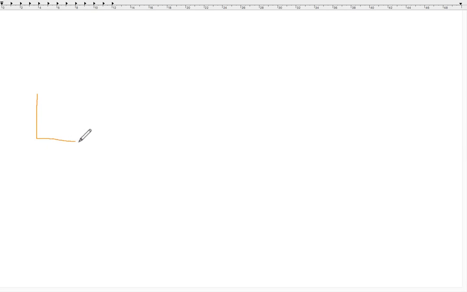Suppose I have a water tank and the level of water in this tank is, suppose, x. This height is x, and suppose the observer is sitting here.